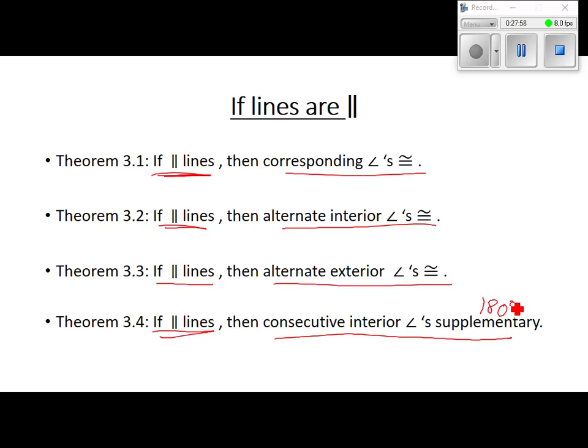Alright, what I want you to do, come up here, grab this. Okay, what do I do with it? Come up here and grab this worksheet.